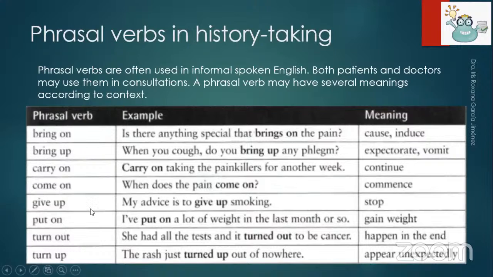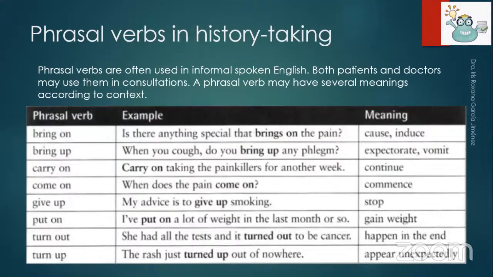Give up. My advice is to give up smoking, to stop, to leave, not continue. That's the meaning of give up. My advice is to stop smoking. My advice is to avoid smoking. So you can see many meanings, many answers. Put on.